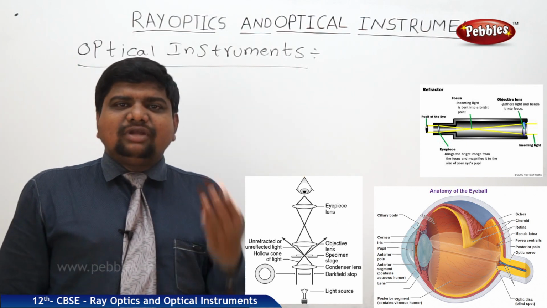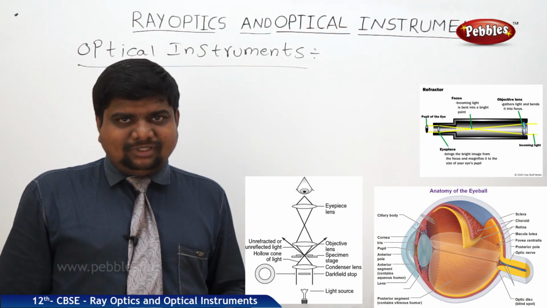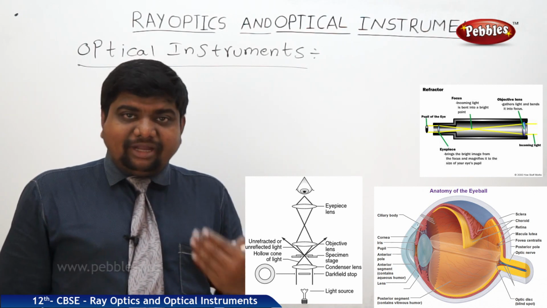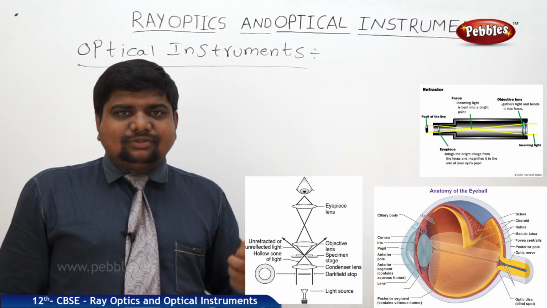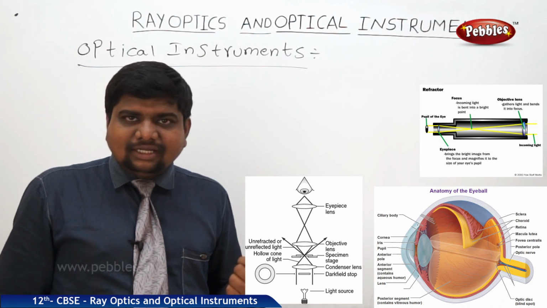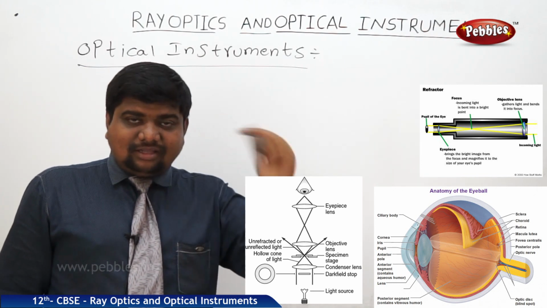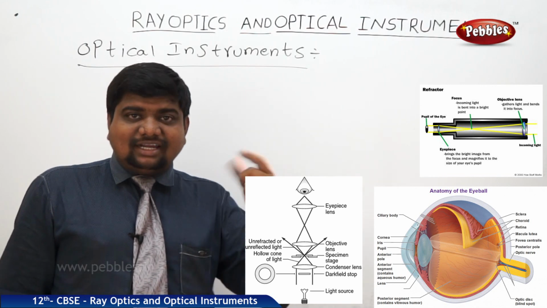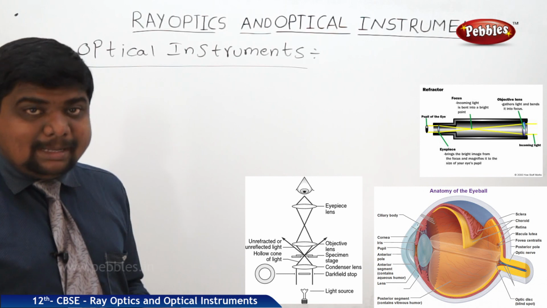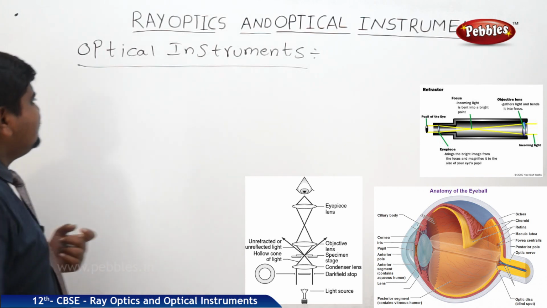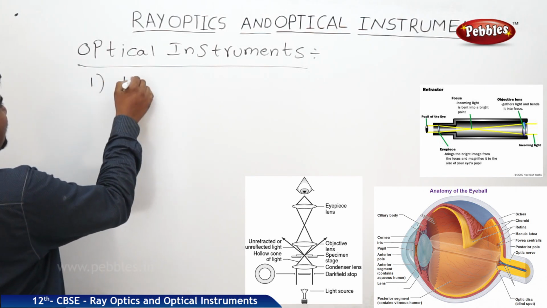In the world we have many optical instruments: kaleidoscope, binoculars, traveling microscope, telescope. Many are there. All lenses, crystalline lenses, contact lenses, camera lenses, all these are optical instruments. But in our syllabus, we are going to discuss the human eye.